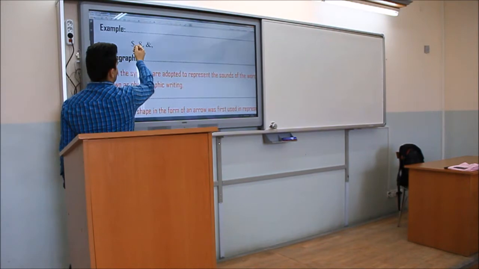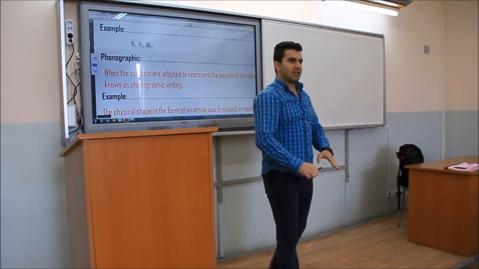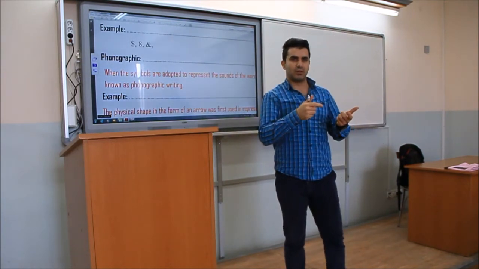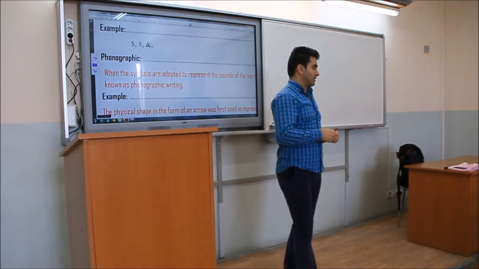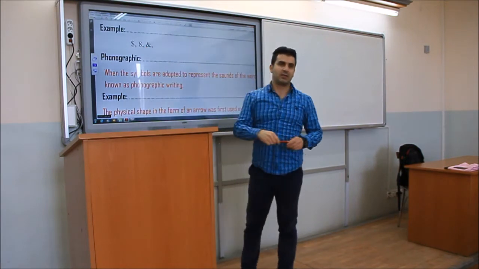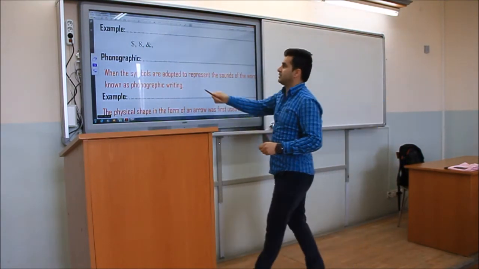For example, dollar. This represents dollar, right? Is there any similarity in terms of shape between these symbols and dollar? No. So we say there is arbitrariness, right? And this represents what? And this?